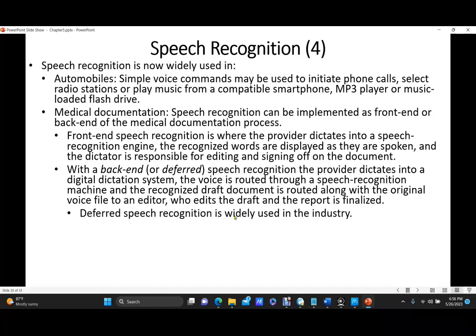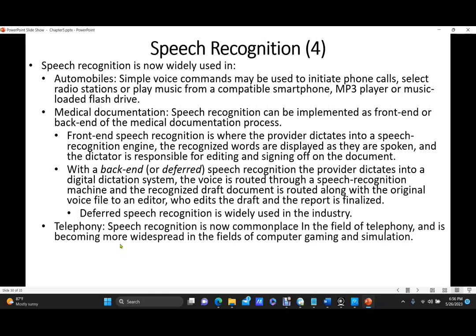Deferred speech recognition is much more widely used than front-end recognition.